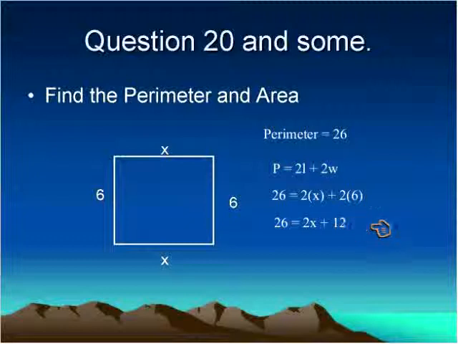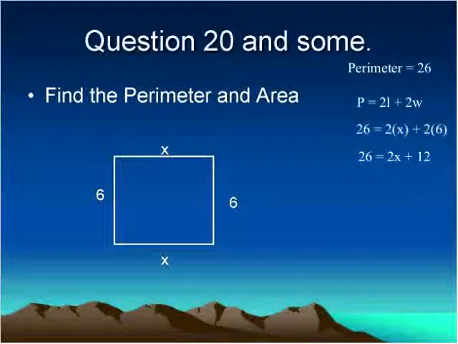Now, what I've also asked us to do is to find the area. As we did a little bit before, I'm going to move all of these items off to the side just for a minute so that we can do the area. Area is equal to length times the width.